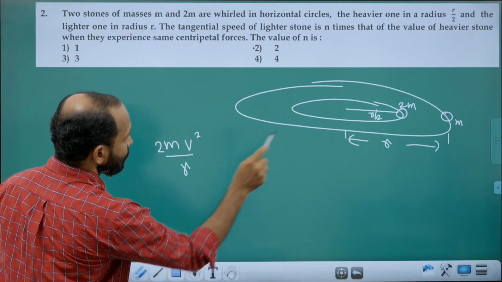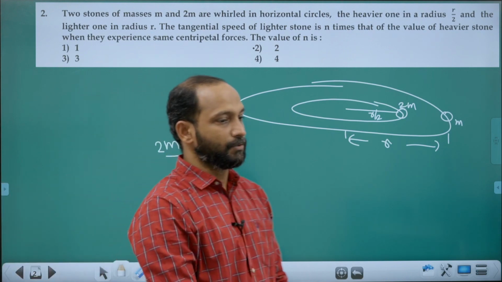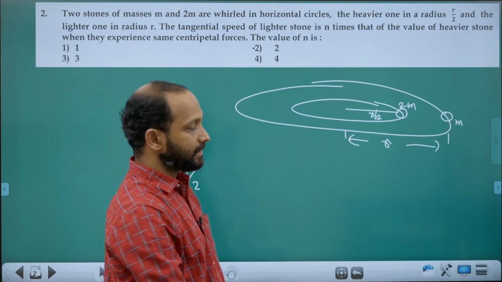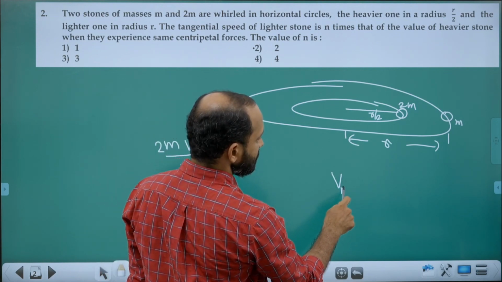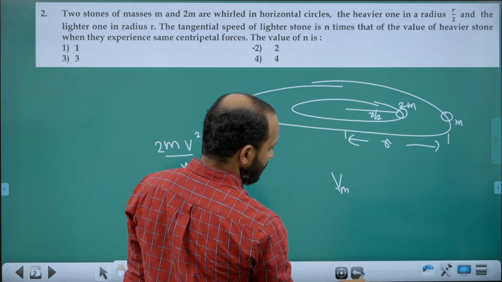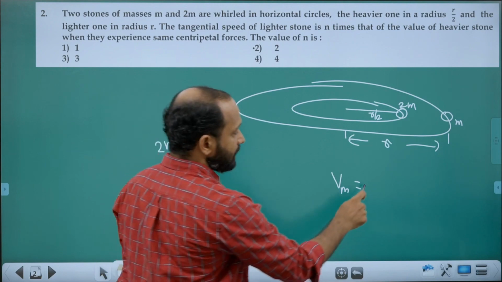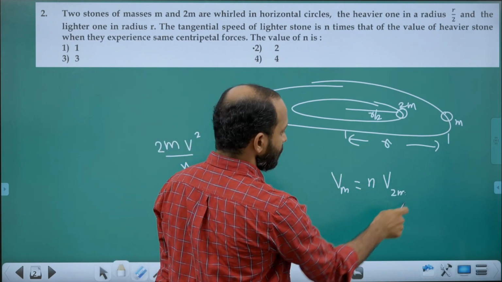The heavier one has its radius r by 2. What is the speed of the heavier one? It is given that the tangential speed of the lighter stone is equal to n times the tangential speed of the heavier one.